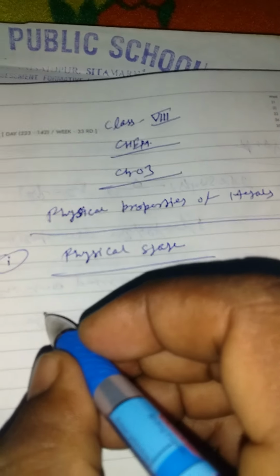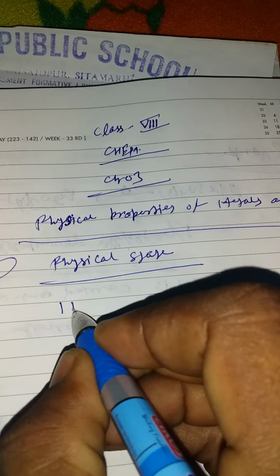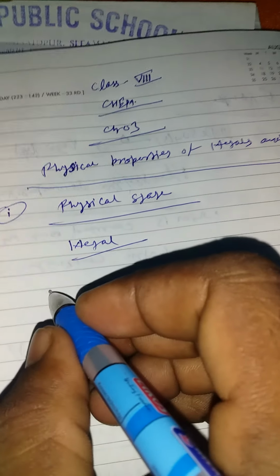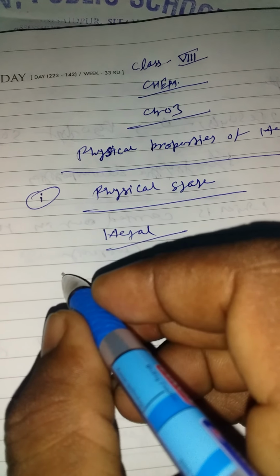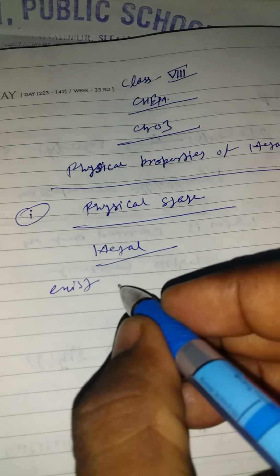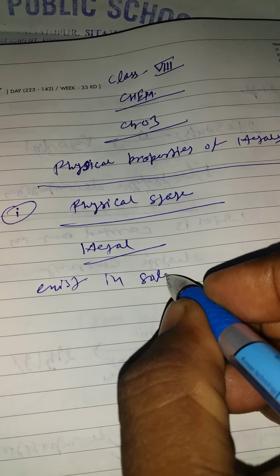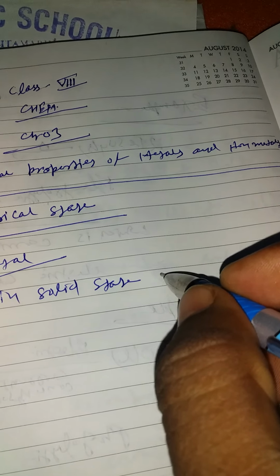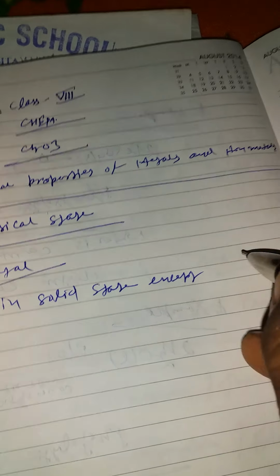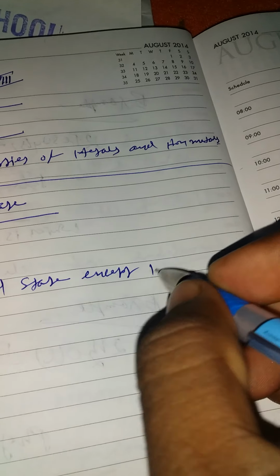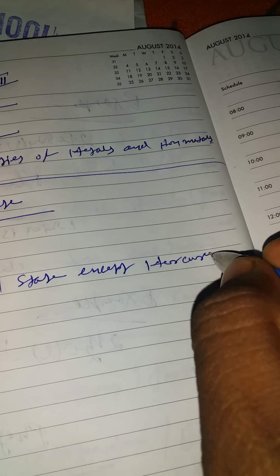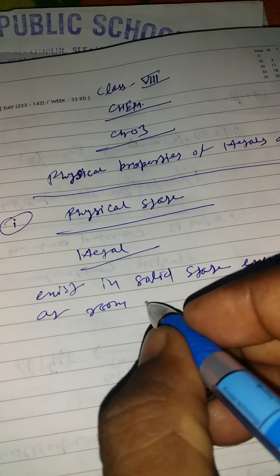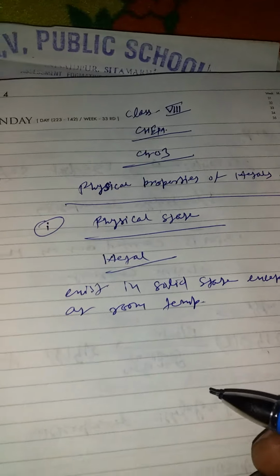So, dear students, metal exists in solid state, except mercury, at room temperature.